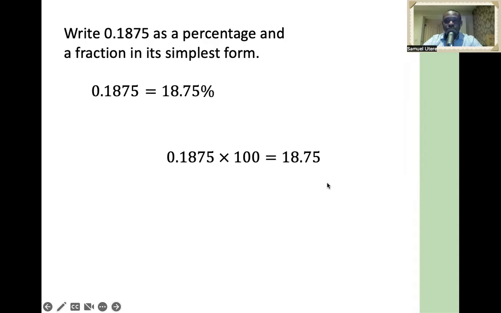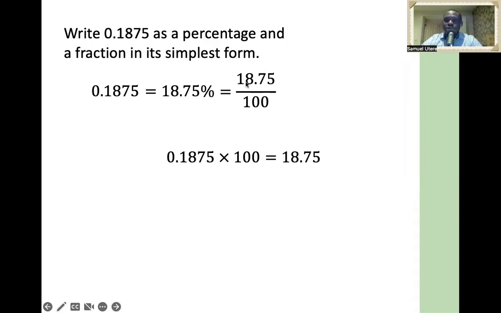Now, if we do that, that gives us 18.75. So we have actually rewritten this number as a percentage by multiplying it by 100. So this is 18.75%. Now, if we want to express it in the simplest form, we have a challenge though.